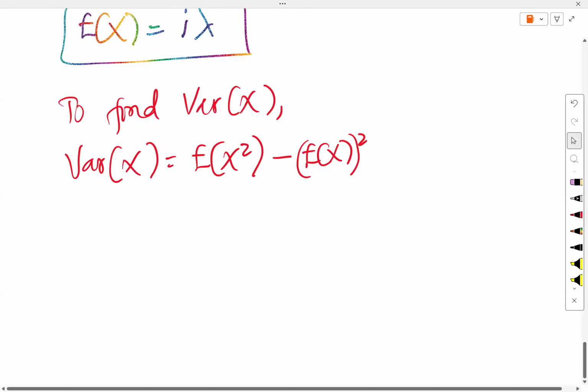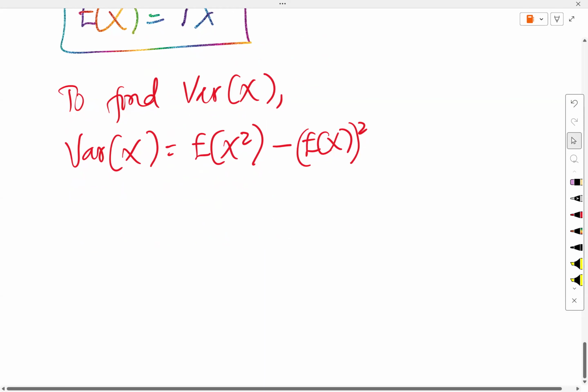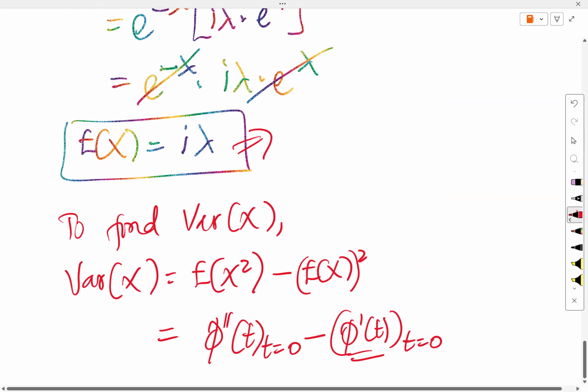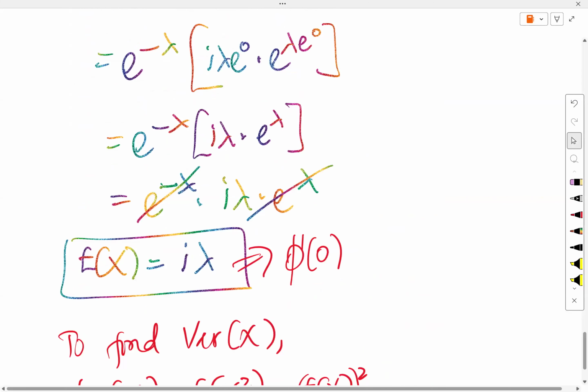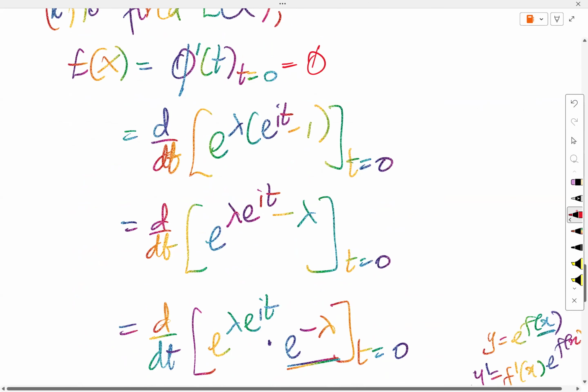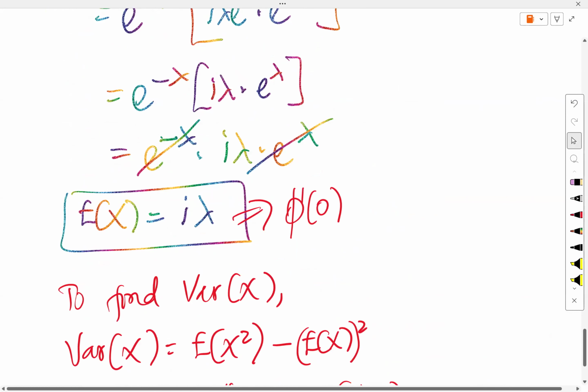Which is basically the same, in the context of what we now have, as phi prime prime of t evaluated at t equals 0 minus phi prime of t evaluated at t equals 0. Of course, we already have this, because this is as good as phi prime of 0; that's the very definition of what expectation of x is. When you put 0 for t, it means we already have this sorted.